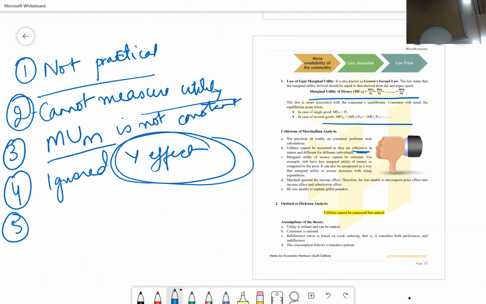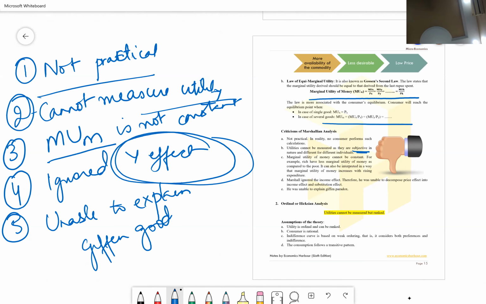And fifth is that he was unable to explain the Giffen goods paradox. He always talked about how the law of demand explains the inverse relationship between price and demand. But what about the case of Giffen goods, where there's a positive relationship between price and demand?